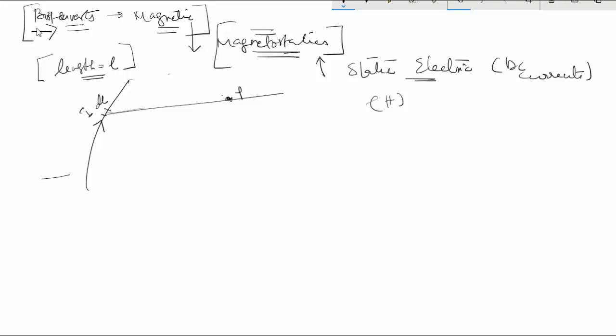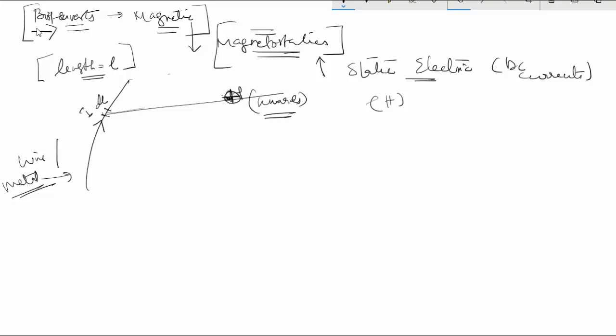So this is a conductor, which will be a wire or a metal which will conduct the electricity and through which current is flowing. Then there will be an effect which is known as the magnetic field intensity, which in this case will be in the direction inwards.